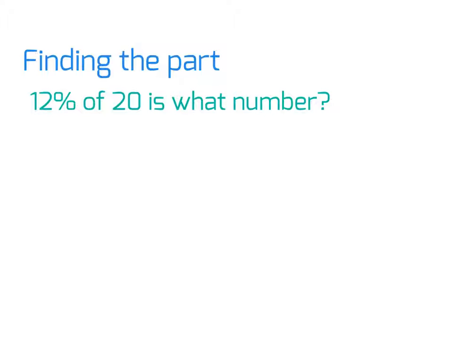For the first example, let's look at finding the part. I'm going to go through actually three ways to solve this problem. The first one that I'm going to do is a proportion. So if I have 12% of 20 is what number?